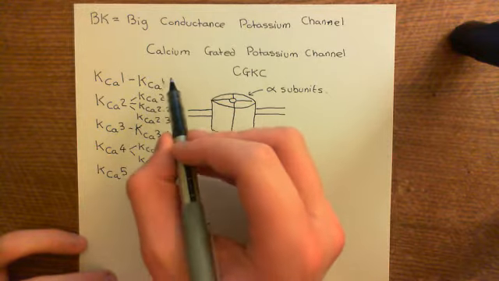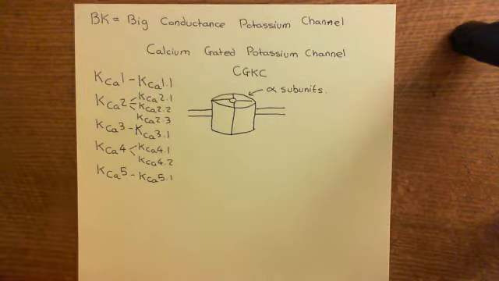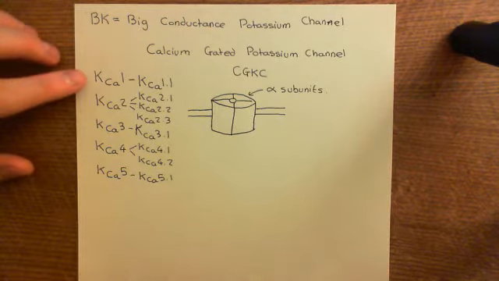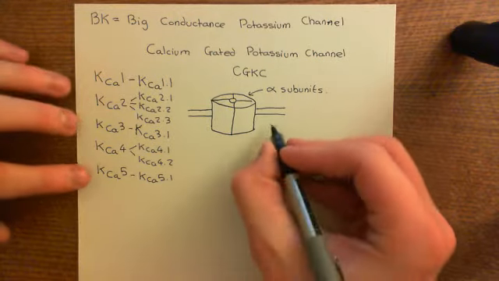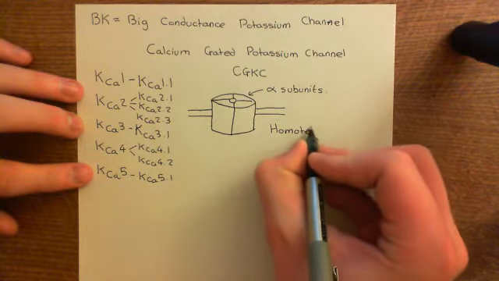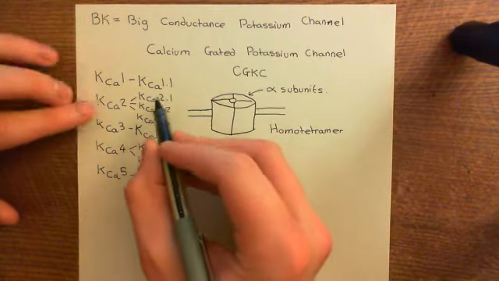Okay, so let's start with the KCA1 family, because this is the star of the show. This is how we're going to produce big conductance potassium channels. So we will use this gene KCA 1.1, and we have no choice basically. We have to create what is known as a homotetramer, because we can't mix it with any of the other genes because they're in different families.